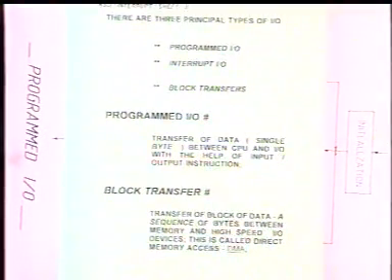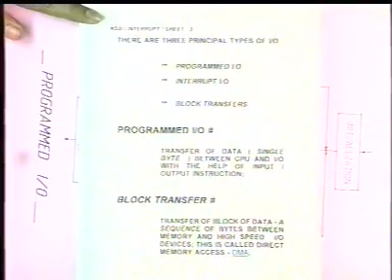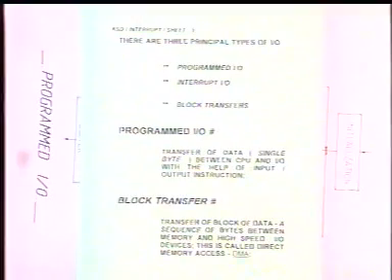Next comes the block transfer. Now, the first statement I made was that normally the peripherals are slower than the CPU. So in this case, one has to go for a programmed I/O. There is another case of transfer where you want to transfer a block of data, which is a sequence of bytes between the memory and the high-speed device.